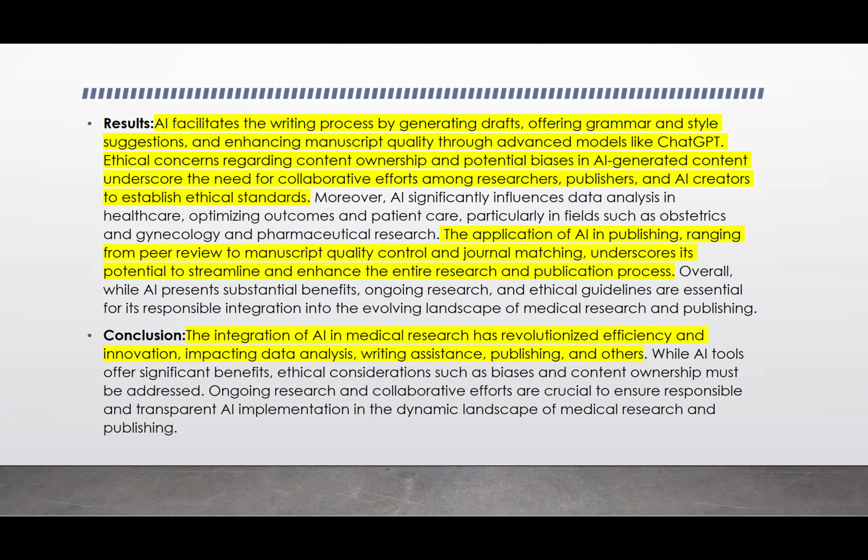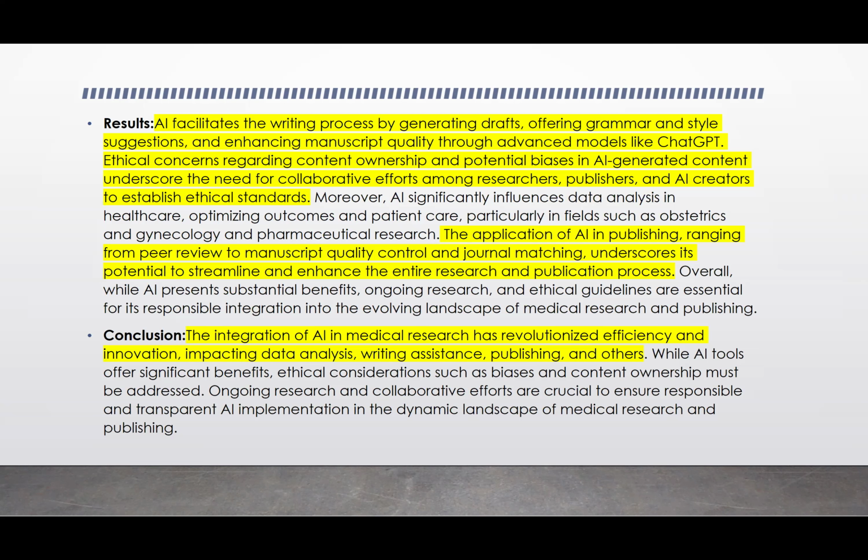Overall, while AI presents substantial benefits, ongoing research and ethical guidelines are essential for its responsible integration into the evolving landscape of medical research and publishing.